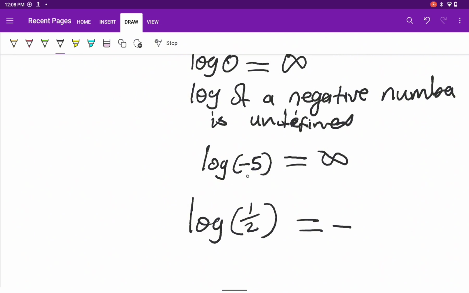I said a log of a negative number cannot be defined, but a log of a half gives us a negative answer. So we need to understand that, right? Now we have learned a few things about logs. We know how to change from exponential form to log form. We have looked at a few rules about logs. So let's get into a logarithmic function.